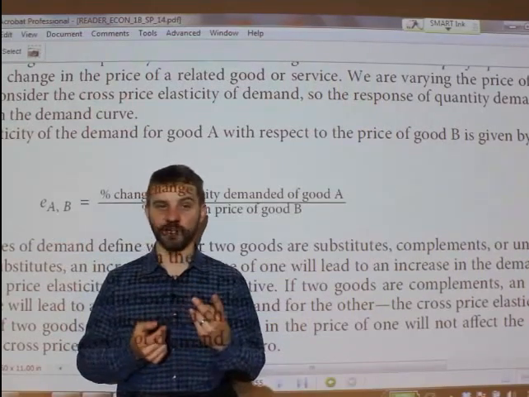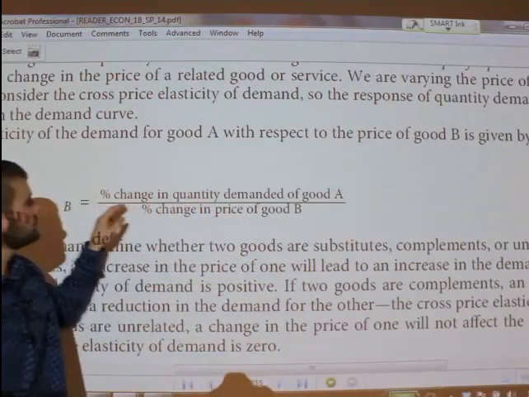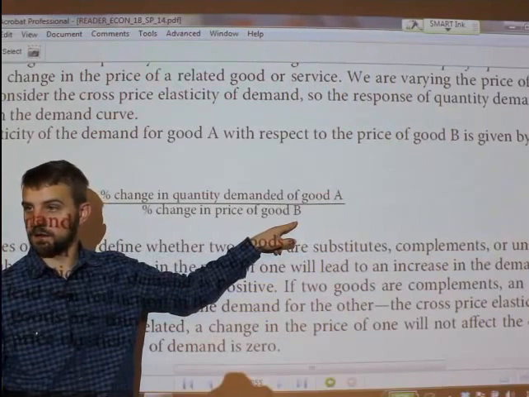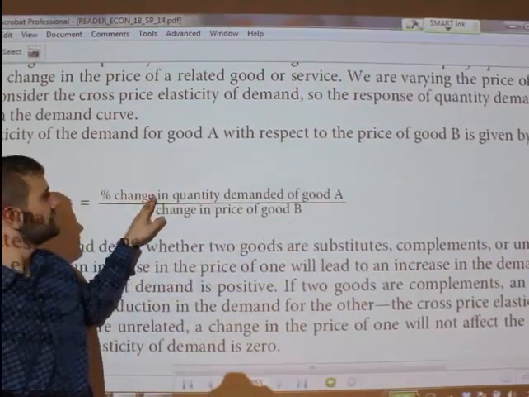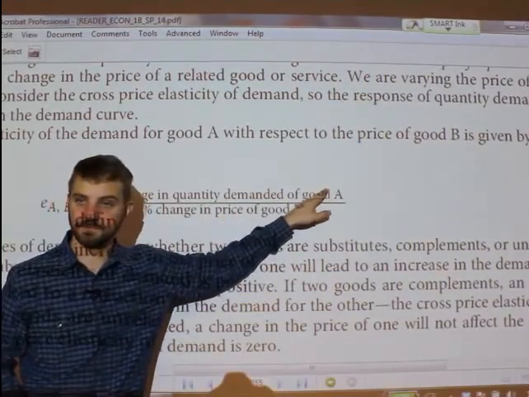But these are two different goods, right? One is gasoline, one is bus rides. So we would have here a percentage change in the price of gasoline causing a percentage change in quantity demanded of transit rides.